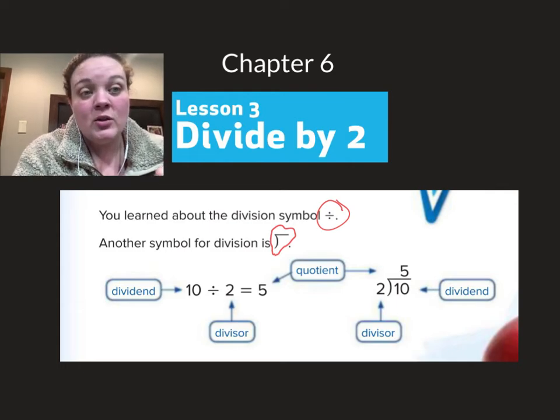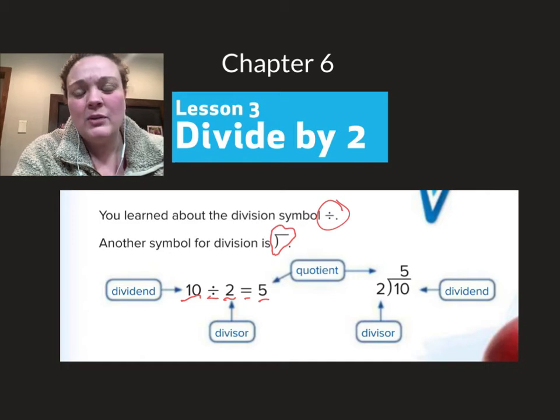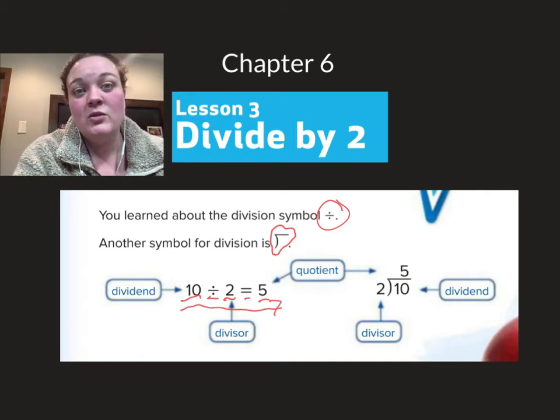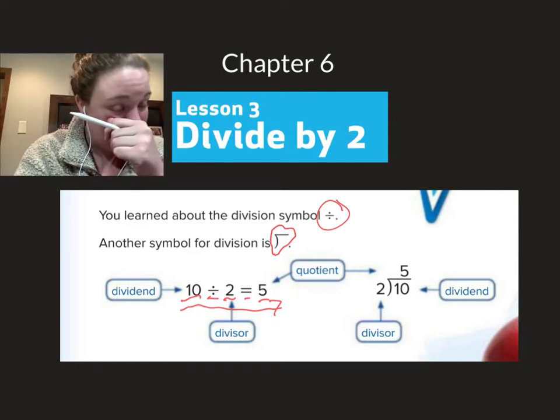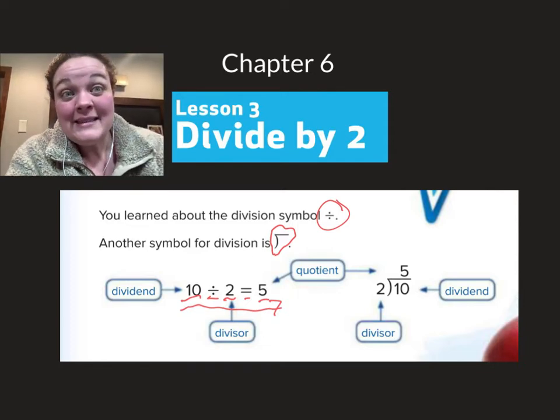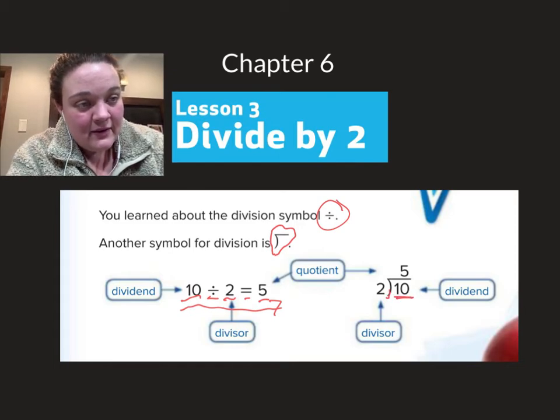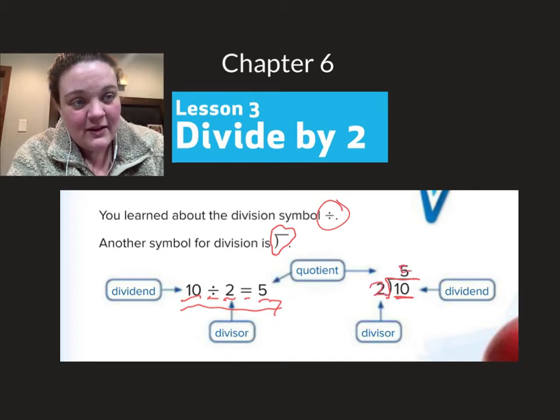When we are writing a normal division sentence, we would write 10 divided by 2 is equal to 5, right? We read from left to right. Now, when we use the house, things get a little trickier. We say inside the house first, 10 divided by 2 is equal to 5.